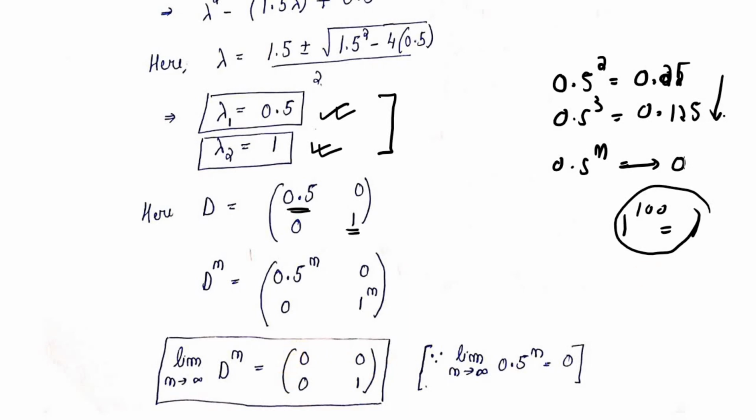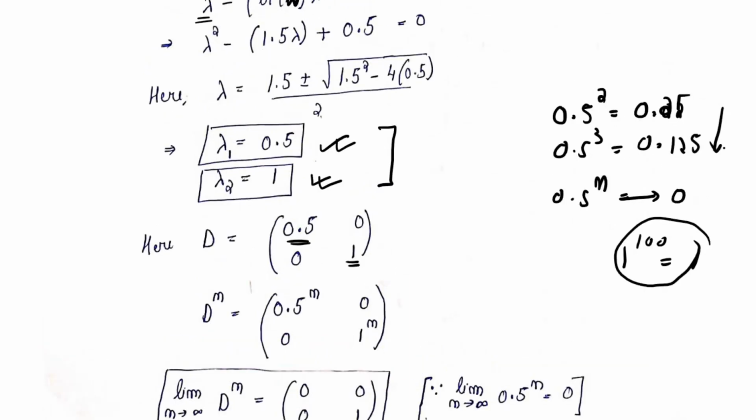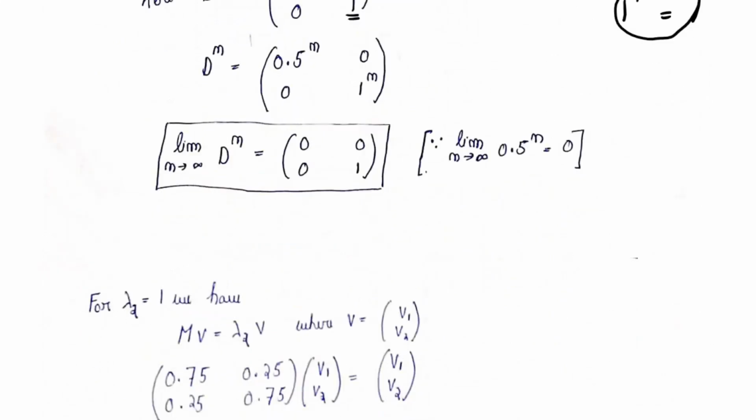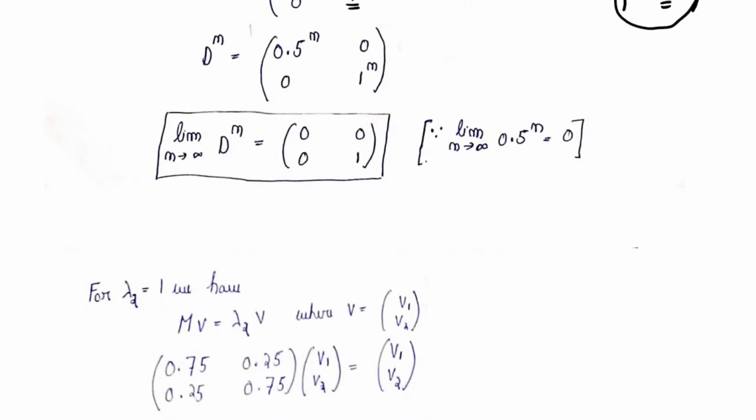So this reduced a lot of our calculations, and if we revert back to the step that W raised to n involves P, D raised to n, P inverse, and the limiting needs to be done, we are just left with the calculation corresponding to P and P inverse. P is the matrix of eigenvectors.